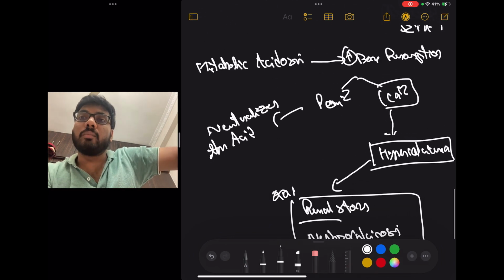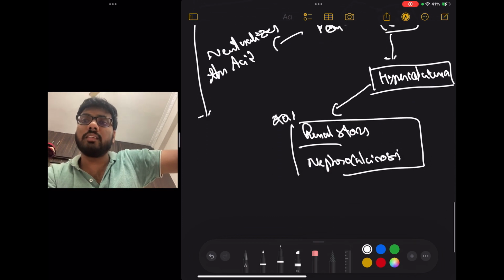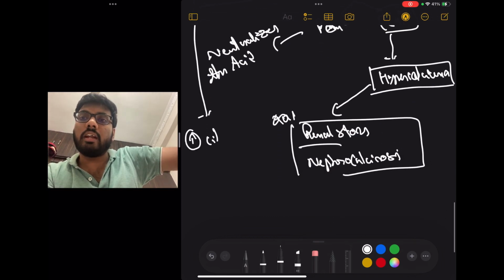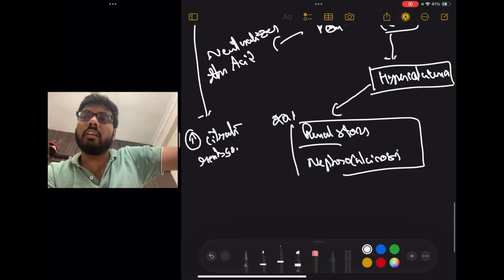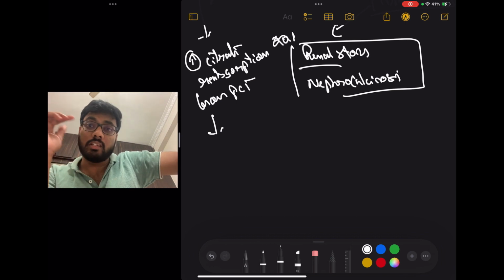The reason for this is because another compensatory mechanism for metabolic acidosis is what? There will be increased citrate reabsorption from the proximal convoluted tubule. Why is there increased citrate reabsorption from the proximal convoluted tubule?